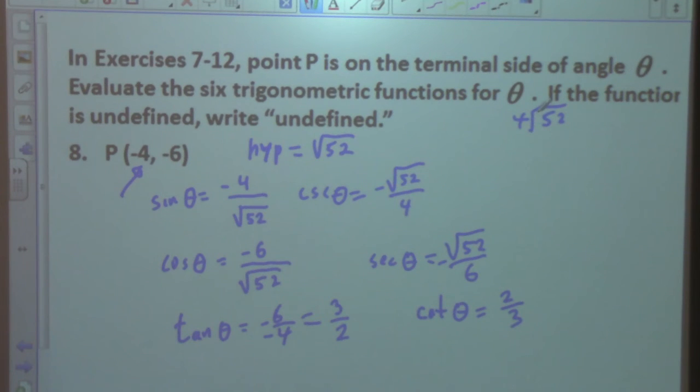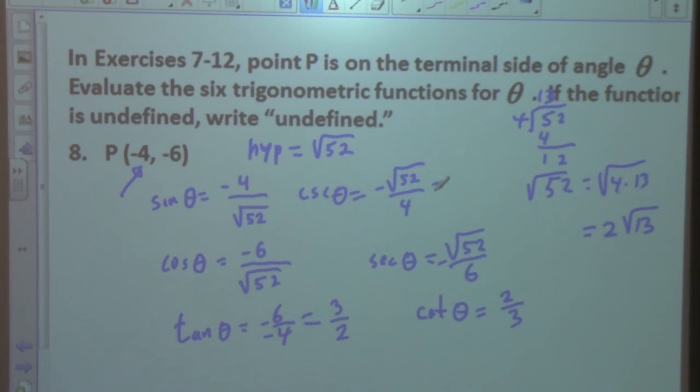Okay, what was I saying? I was doing this, that's going to be 1, 4, 1, bring down this, 3, 13. So square root of 52 equals square root of 4 times 13, which equals 2 square root of 13. So what you can do is go ahead and make this 2 square root of 13.